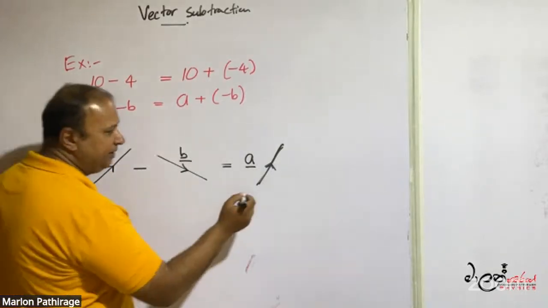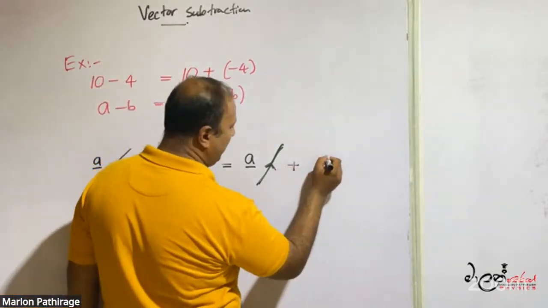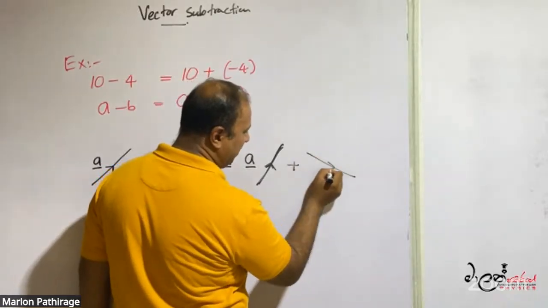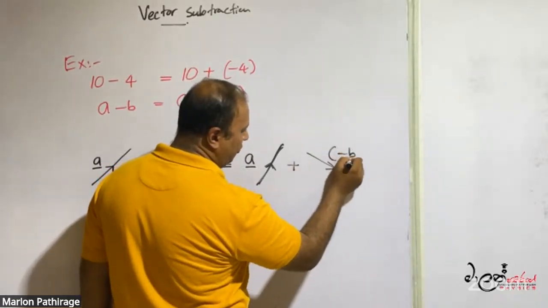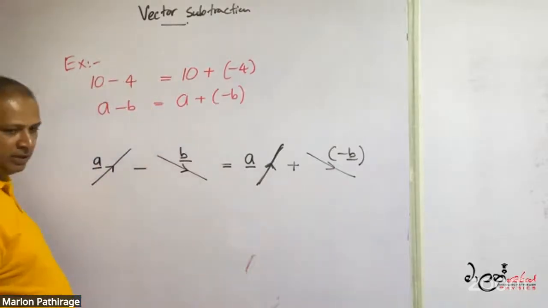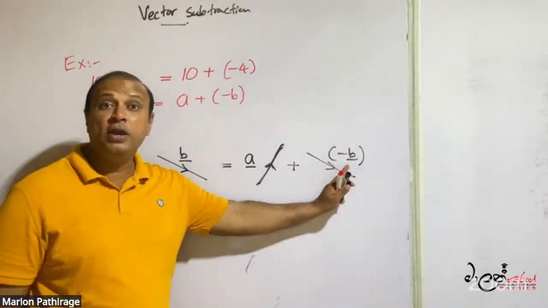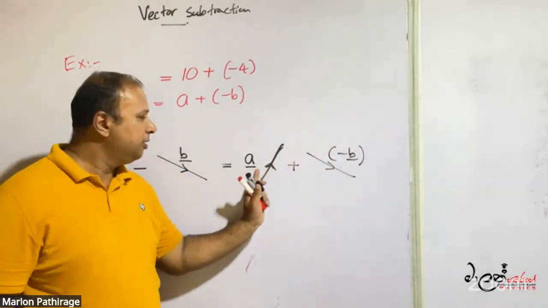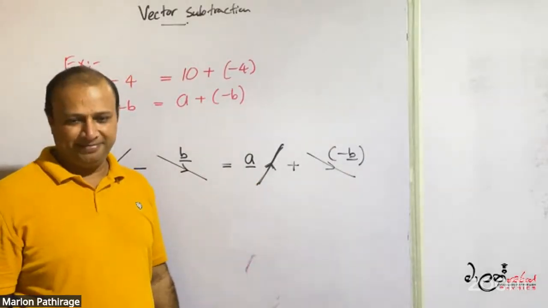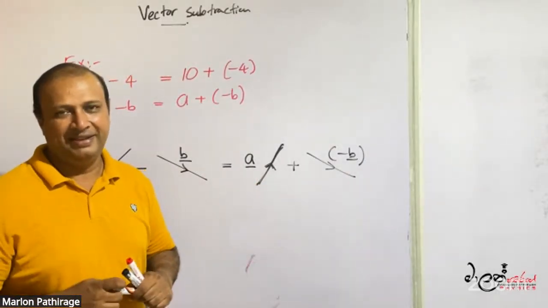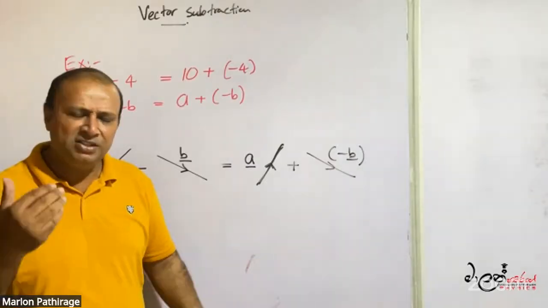This is the vector A. You add the negative of the second vector to the first vector. This is subtraction. This is very easy.